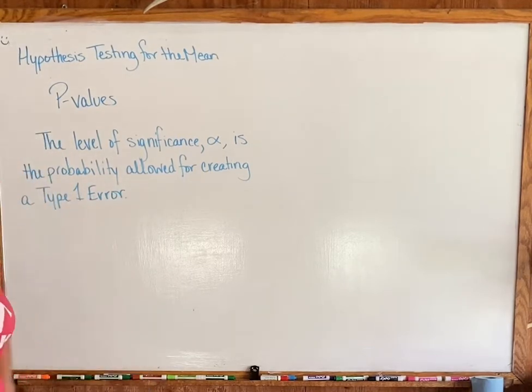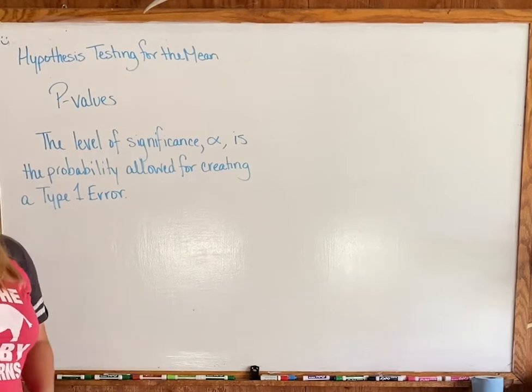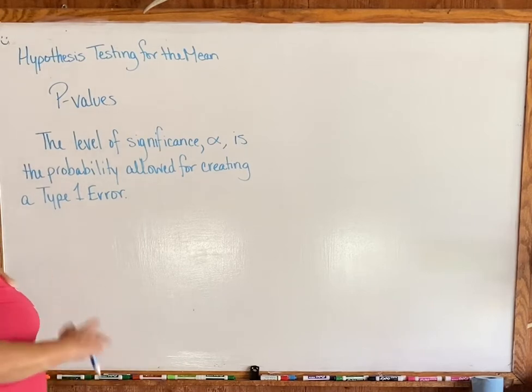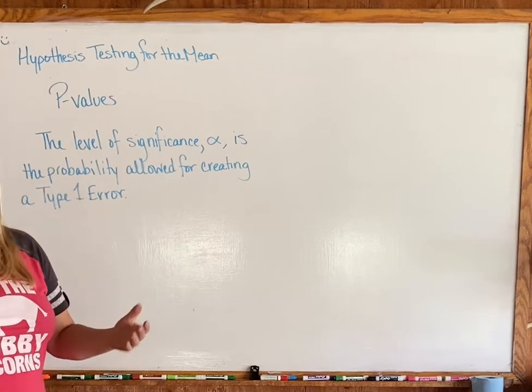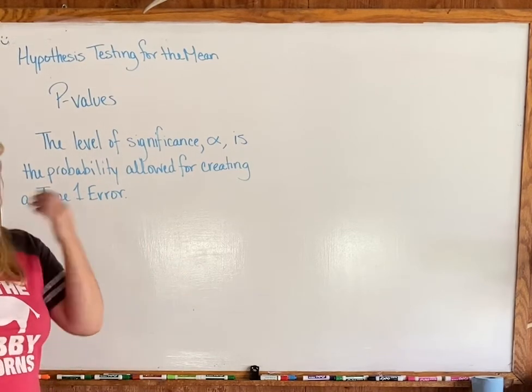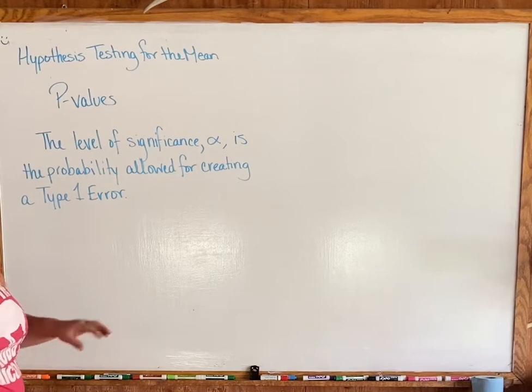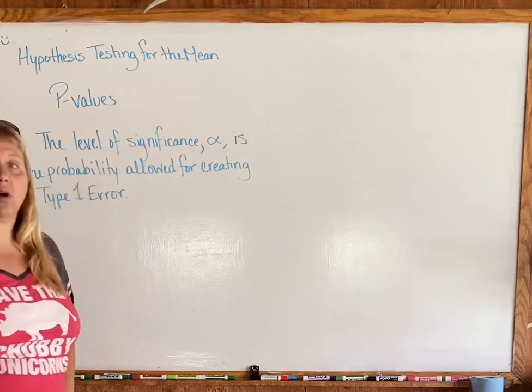So remember, the idea is that there's always a chance that we make an error, no matter how hard we work at this, because statistics is never 100%. There's always a chance we make a type 1 error. When your boss asks you to do this, or you set up hypothesis testing on your own, you will start with what's called the alpha.